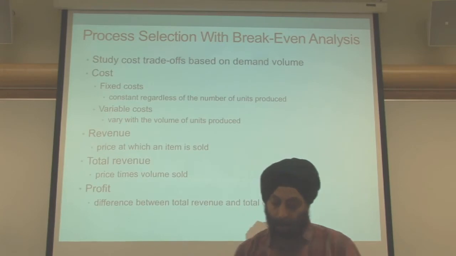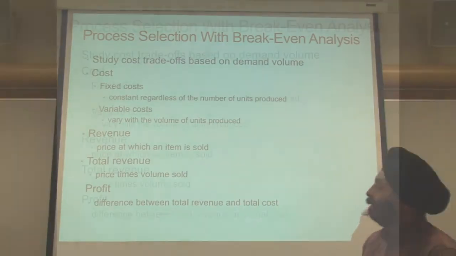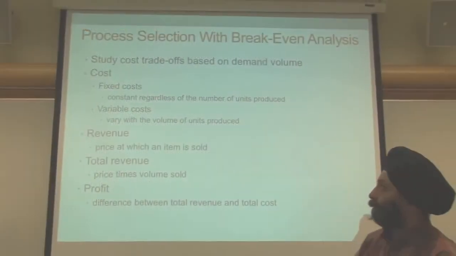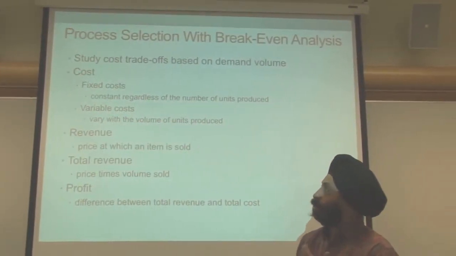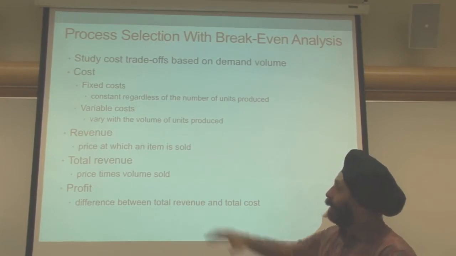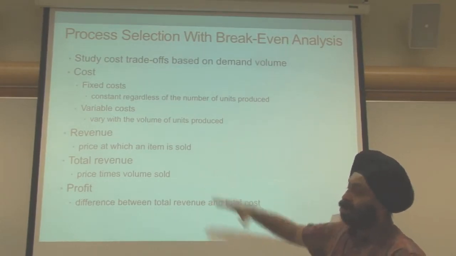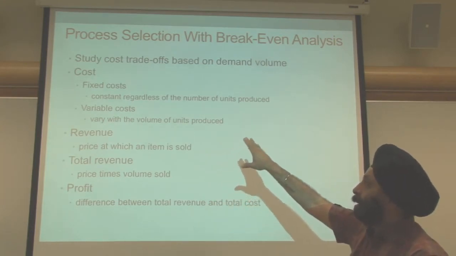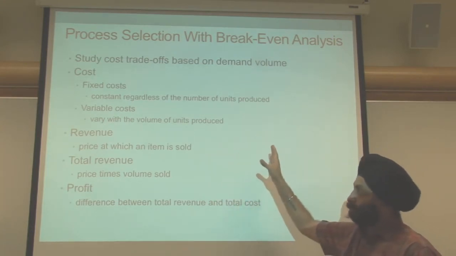Now let's go back to the break-even analysis. So process selection: study cost trade-offs based on demand volume as to which type of process we should select in this case. So there are fixed costs as well as variable costs, as I mentioned earlier. Fixed costs are constant regardless of the number of units produced.